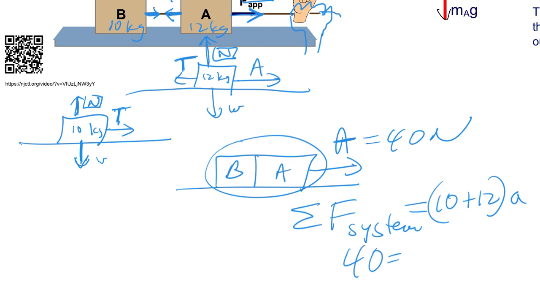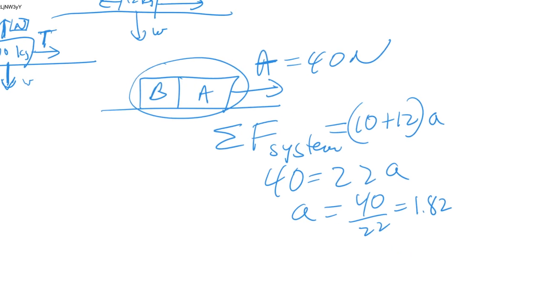So the acceleration of either box is 40 divided by 22. It comes out to 1.82 meters per second squared. Now either box has an acceleration of 1.82 meters per second squared to the right.